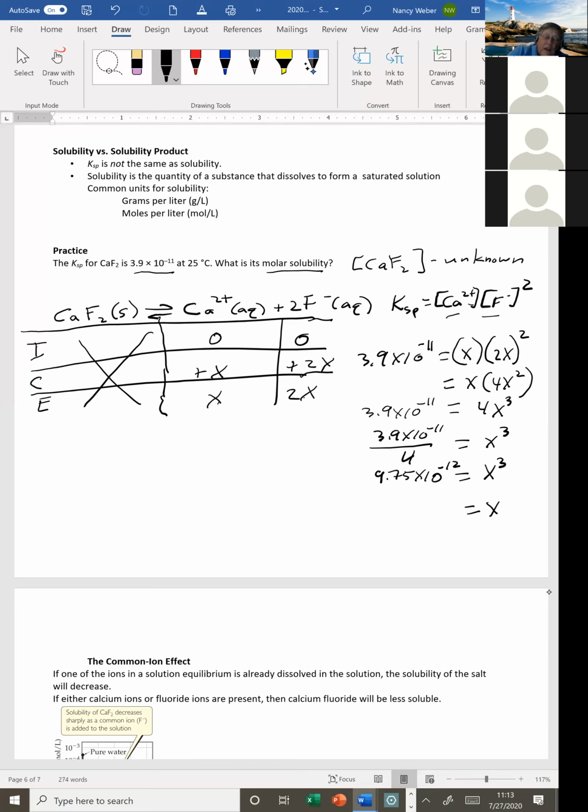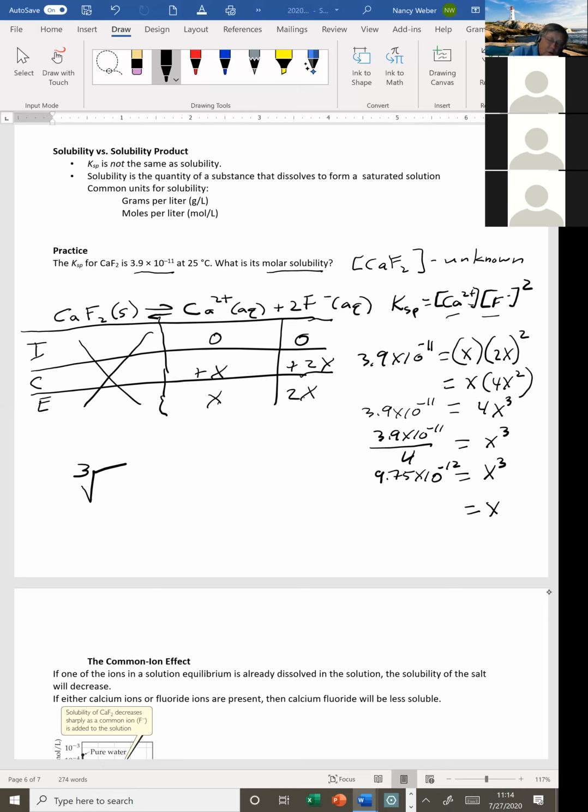Now, when you take a cube root, depending on your calculator, you can do it one of two ways. One is sometimes they have a function for taking roots higher than square root.